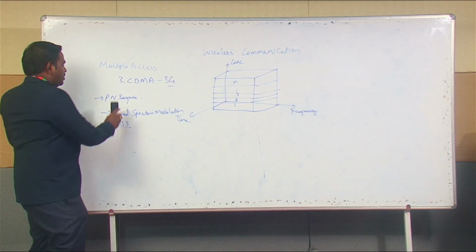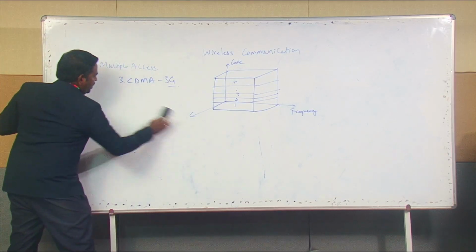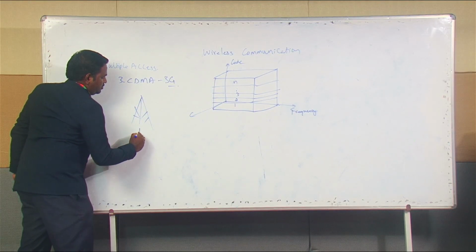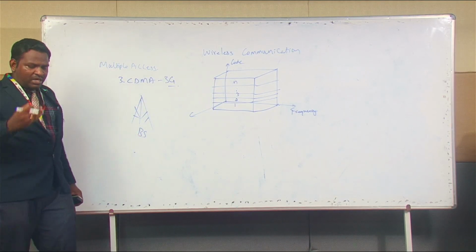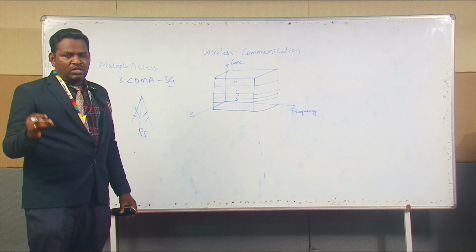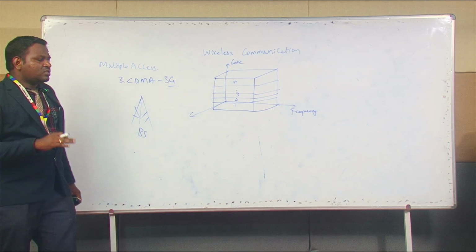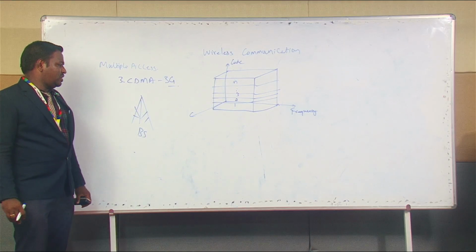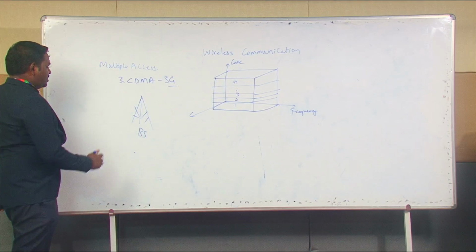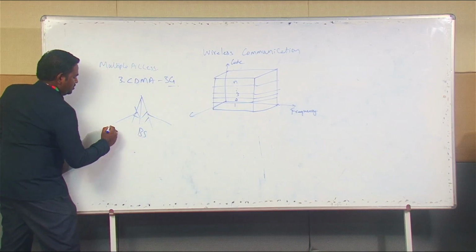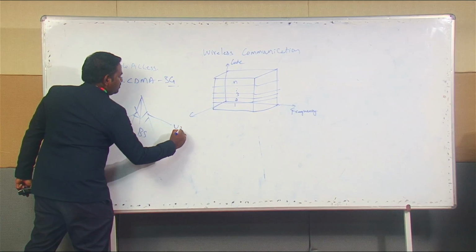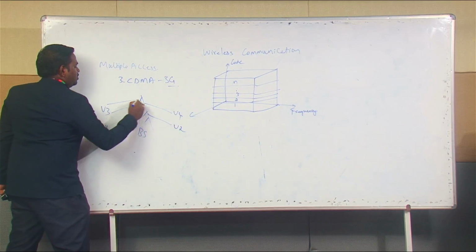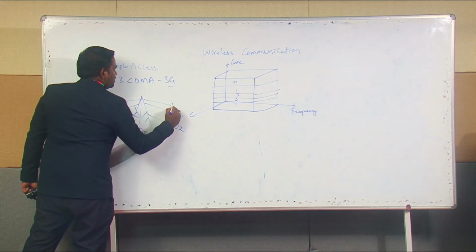So take this example. This is a base station. The function of this base station is to allocate channels among different users. That is the basic function of a base station. For example, take user 1, user 2, user 3, user 4, user 5, user 6.